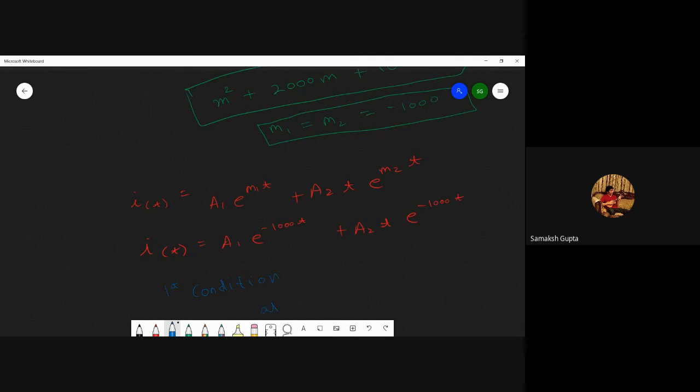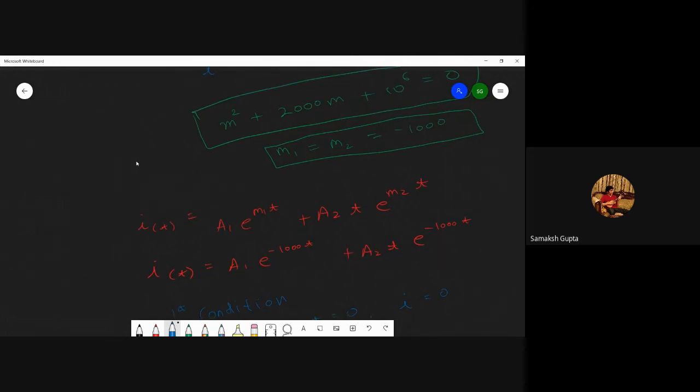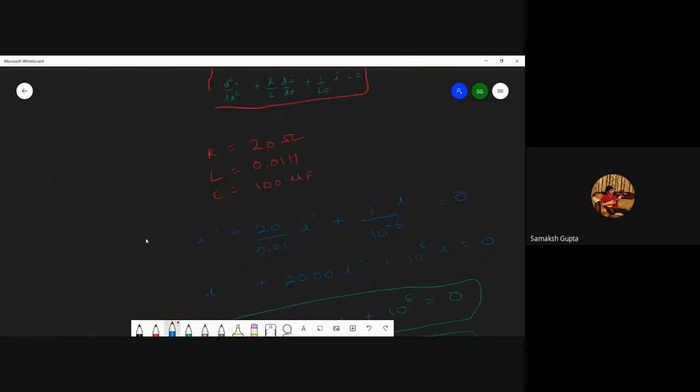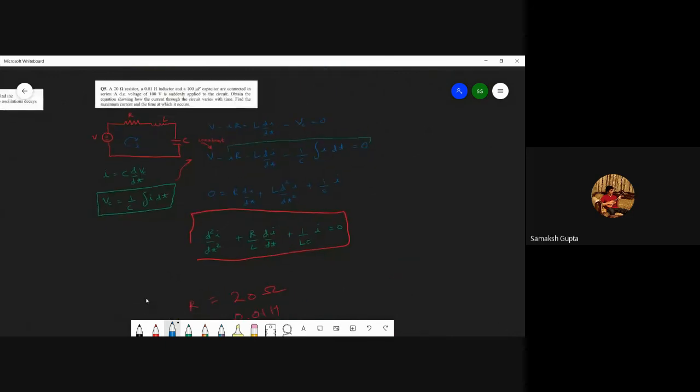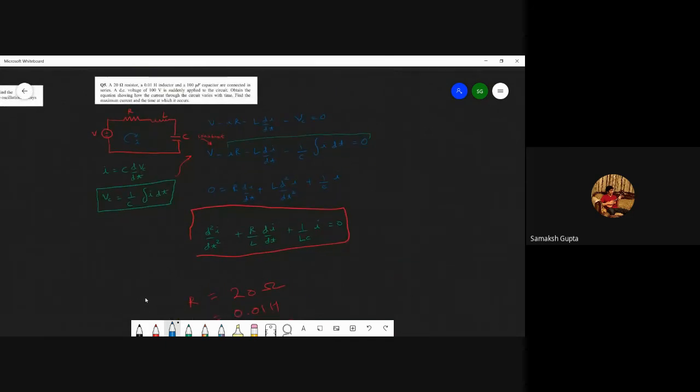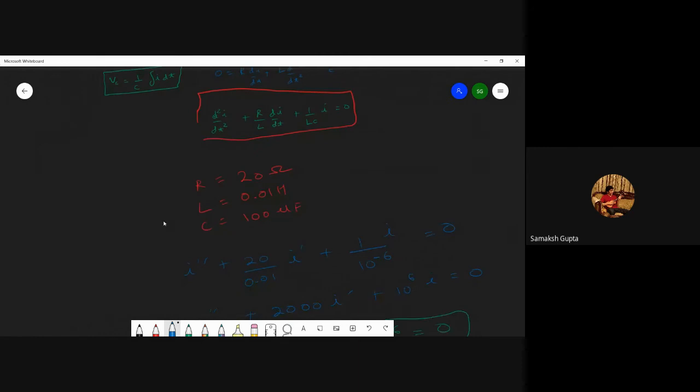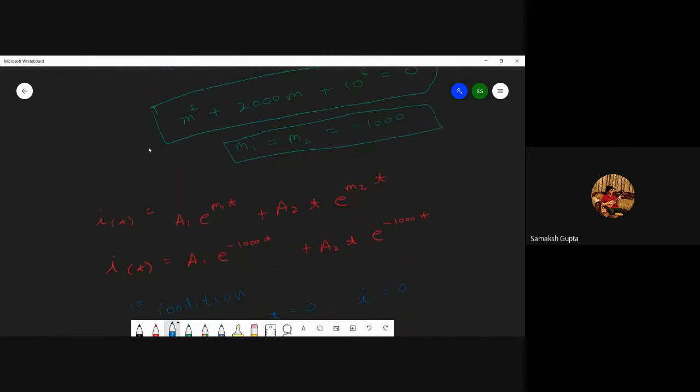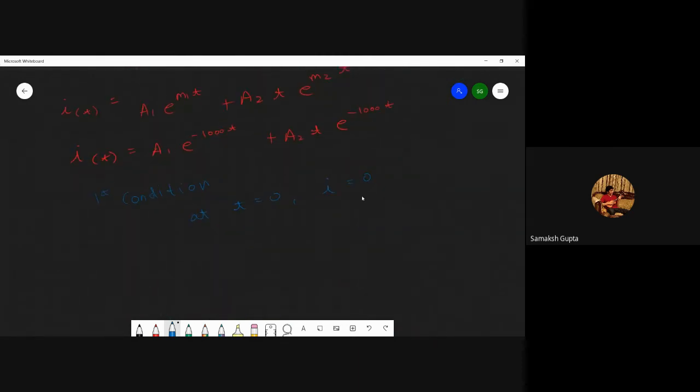At t = 0, i = 0. This is obvious, right? At t = 0, i = 0, because the circuit switch has been closed at t = 0. At this moment, our inductor is an open circuit, just before the switch has been closed.